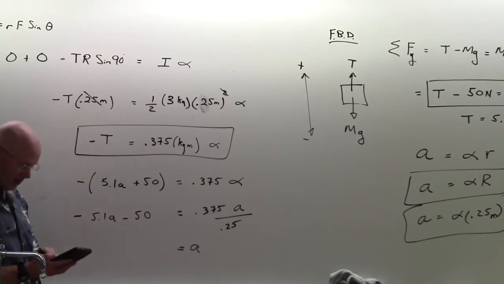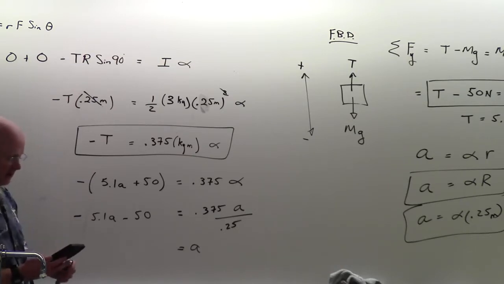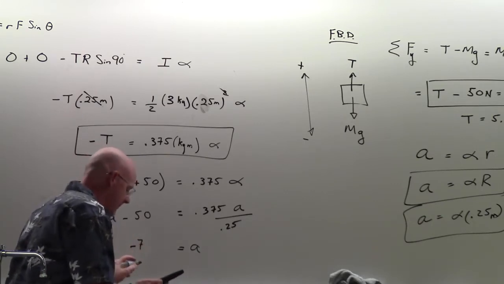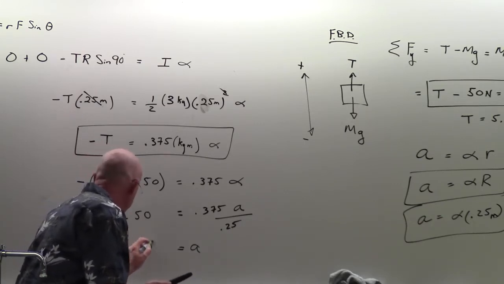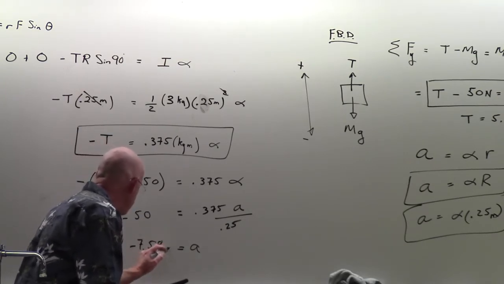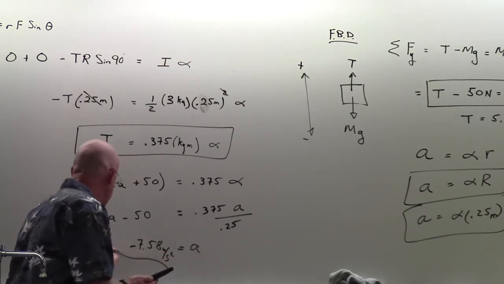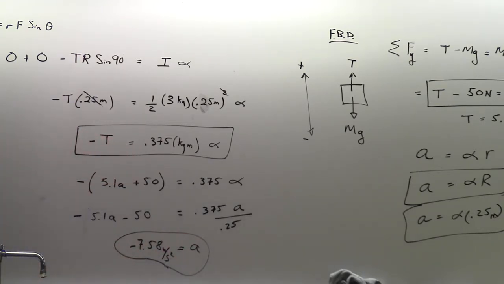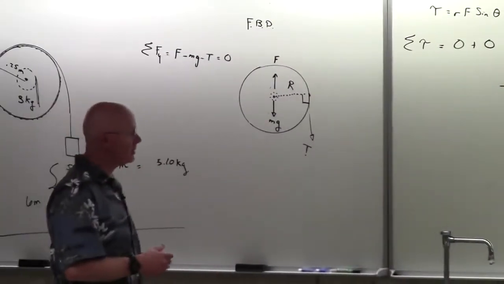And so that will leave me with my negative 50 divided by that last answer. And I get an acceleration of negative 7.58. It looks like it rounds up to 8 meters per second squared. And so there is one answer. What's the acceleration of this object?